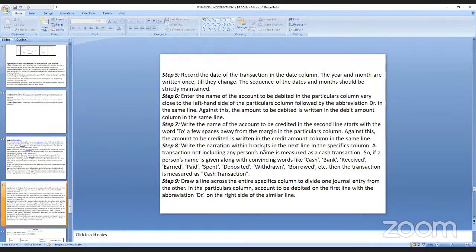If a person's name is given, then words like cash, bank, received, earned indicate a cash transaction. The last step is to draw a line across after completing your journal entry, on the right-hand side.